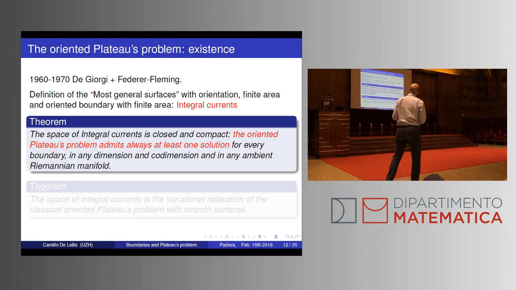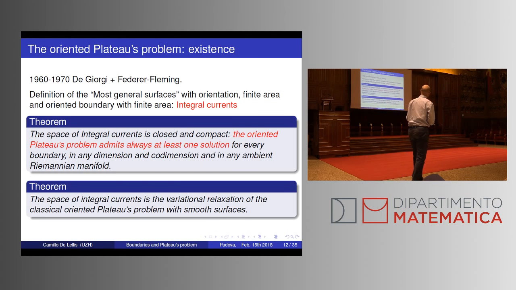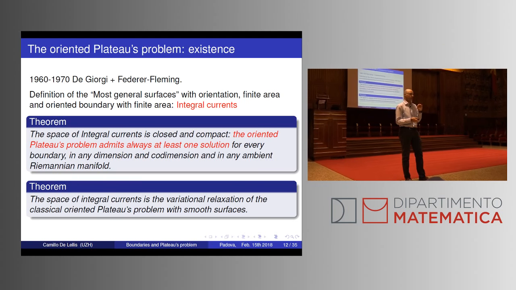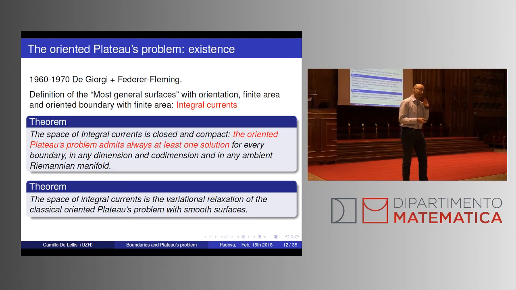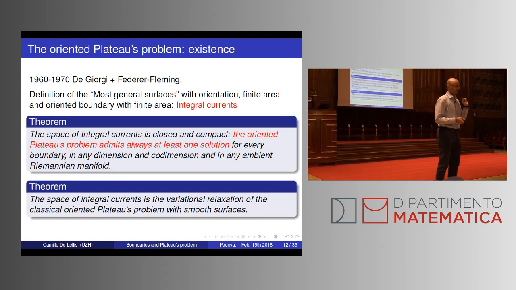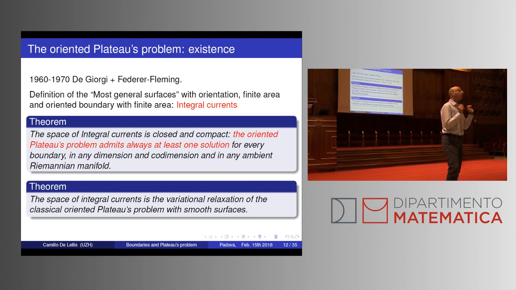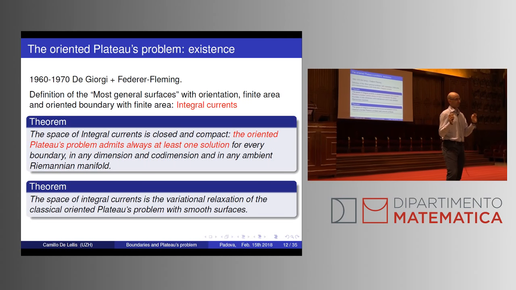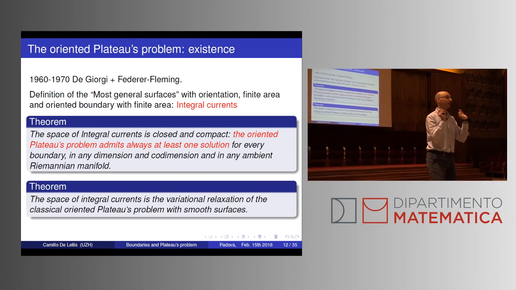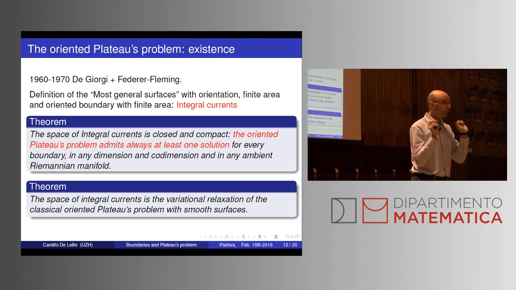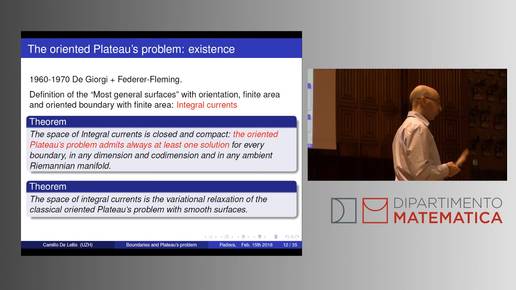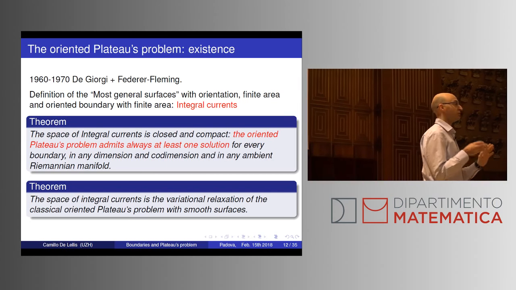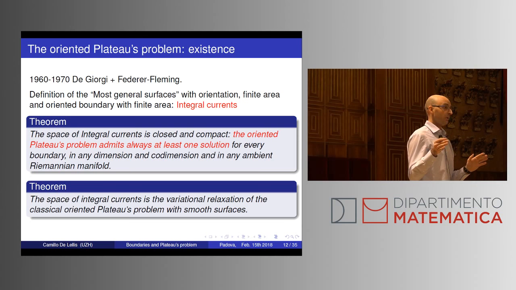Okay, the second theorem is more difficult to explain. For mathematicians, the second theorem is saying that the space of integral currents is the variational relaxation of your initial problem. So what exactly does this theorem say? This theorem says that although the space of surfaces that you have defined is slightly more general than the space of usual surfaces, it's the minimal generalization that you can use to prove that theorem. So it's true, you admitted surfaces which have a certain type of singularities, but you didn't get too much junk, okay?